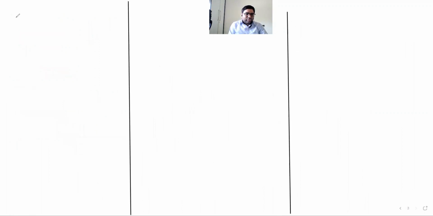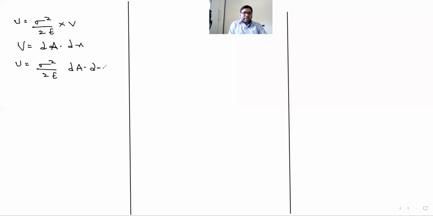So small u is equal to sigma square by 2E into volume. What is volume? V is equal to dA into dx. So u is equal to sigma square by 2E into dA into dx.